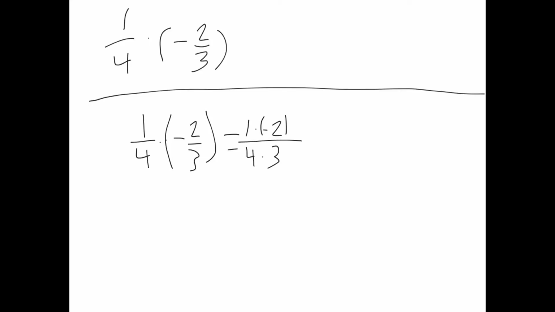And then you would cross divide. So 2 goes into 2 one time, so then that's -1. And 2 goes into 4 2 times. And so then I would multiply it. 1 times -1 equals -1. And 2 times 3 equals 6. And then my answer would be -1/6.